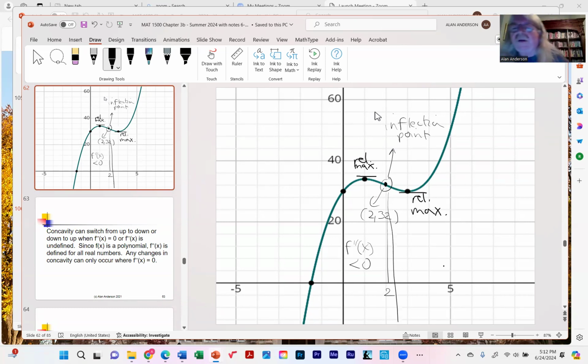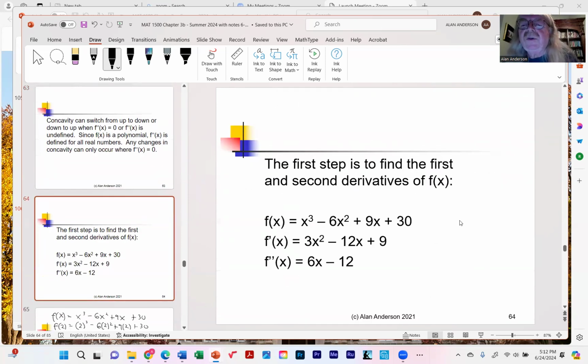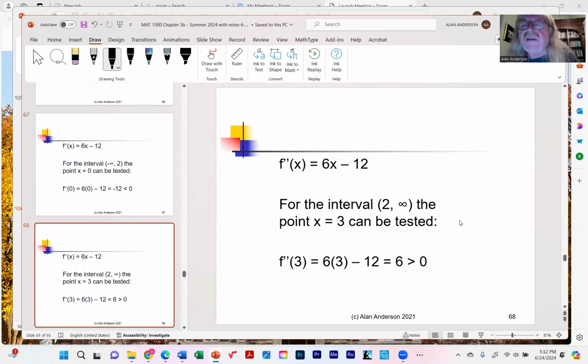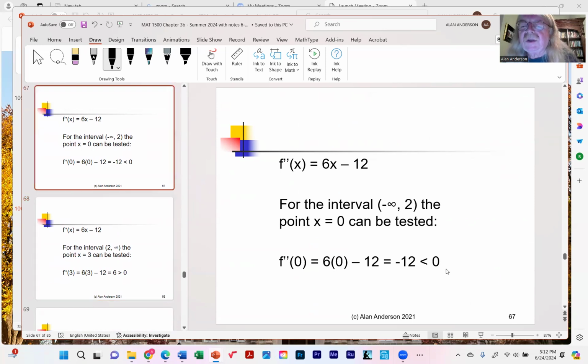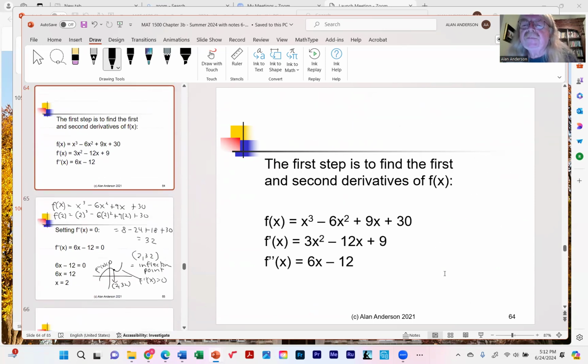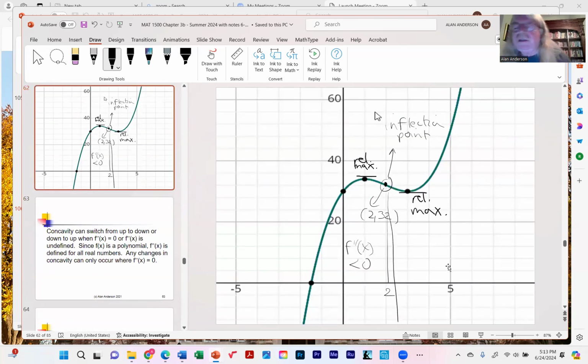On the right-hand side, it's the other way around. The graph is basically accelerating. And so if you test that interval on the right, you'll see that, for example, f double prime of 3 is 6, which is positive. And we've already seen that exactly at this point, f double prime of x is 0. Okay. So therefore, we have ourselves an inflection point.